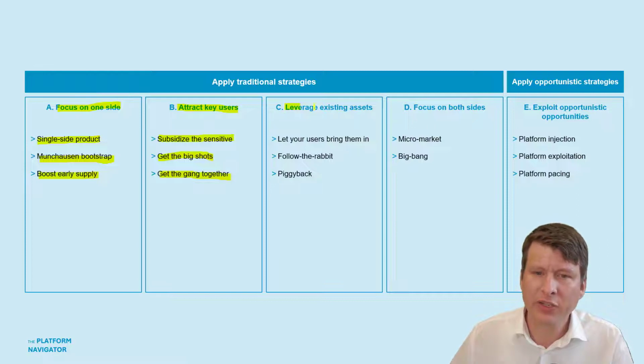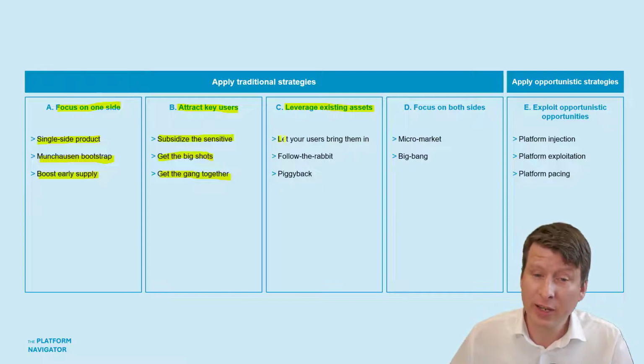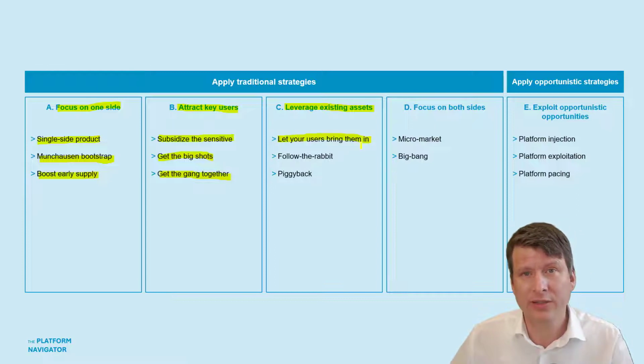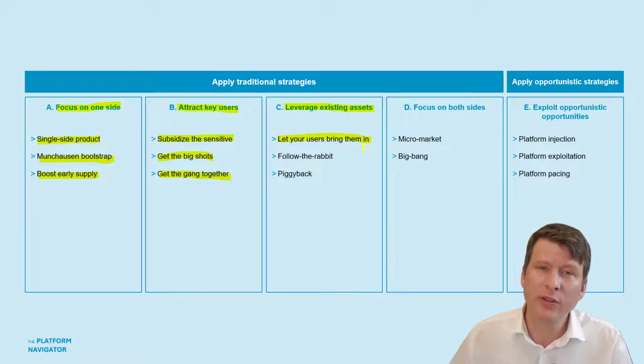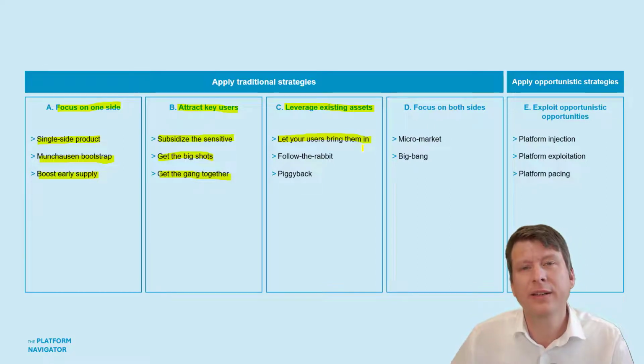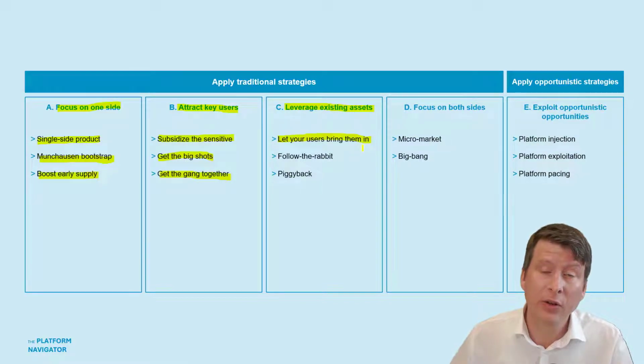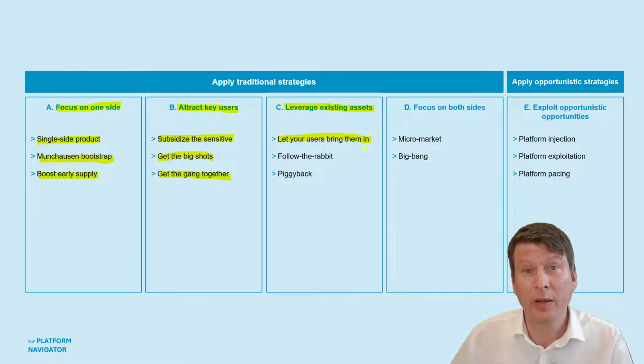If we look at leverage existing assets, then there's a very easy strategy: let your users bring them in. Just think about Kickstarter. If you want to launch a campaign on Kickstarter, you as a person launching the campaign will attract, or try to attract, a lot of people and bring them into Kickstarter to support you.